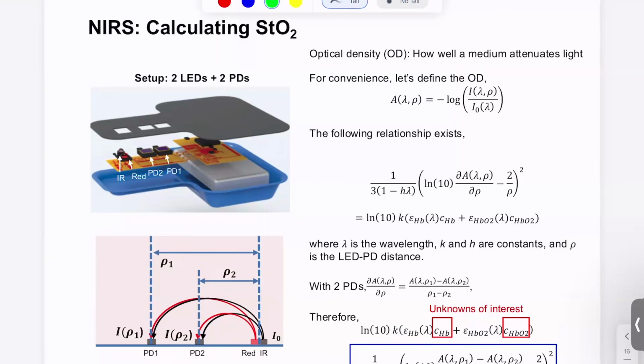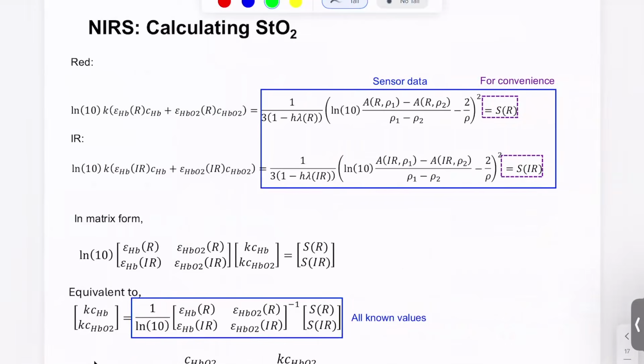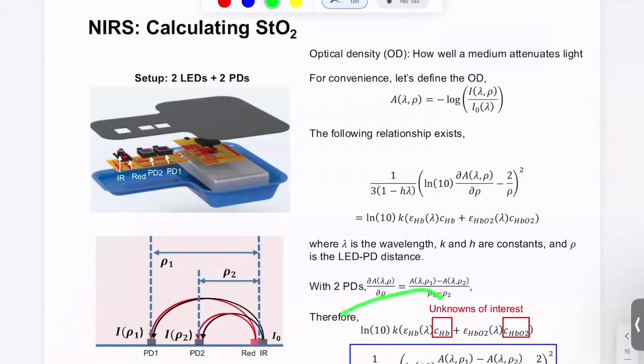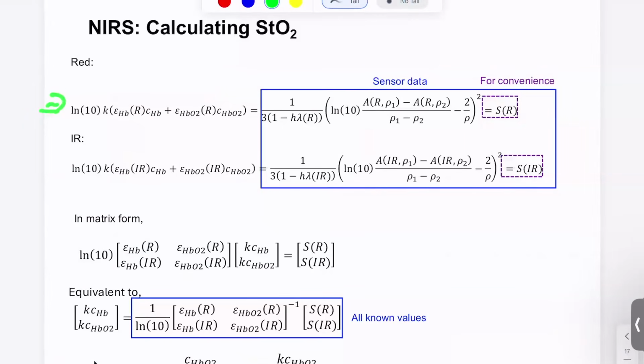So in theory, we can get StO2, like SpO2, because in StO2 we really just need their relative ratios. We just need their ratio, right? So we don't need to know the absolute values. So in theory, we can just use this single equation at a single wavelength to get StO2. But since we have the capability to have two LEDs, that means we can have two of these equations at two different wavelengths.